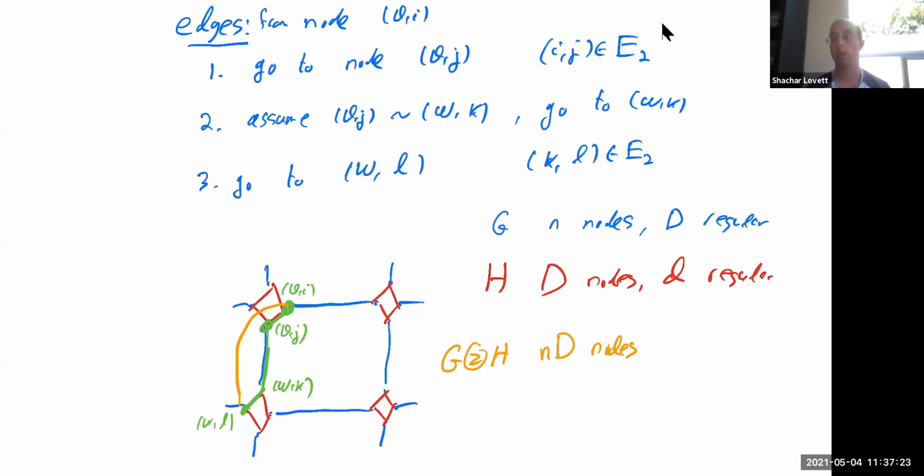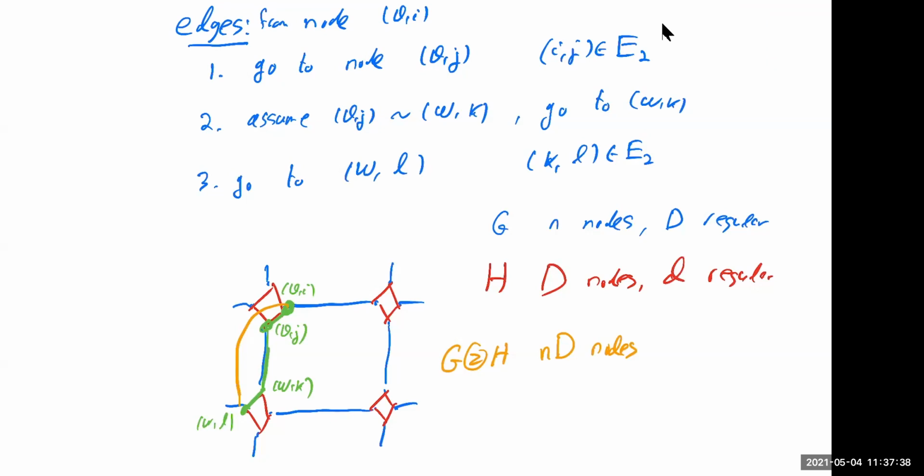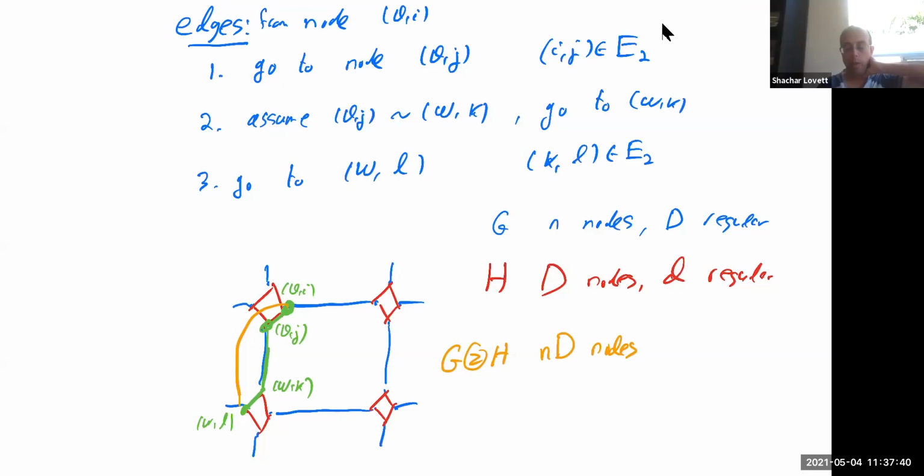How regular is it going to be? Is it going to depend on the regularity of G or the regularity of H? Well, let's see. Let's count options. Given a node Vi here, how many options do I have? So step one, I go to one of its neighbors in H, and this has small d options, right? And then the second step has just one option, which is deterministic. And then the third one, again, has d options. So overall, this is going to be d squared.